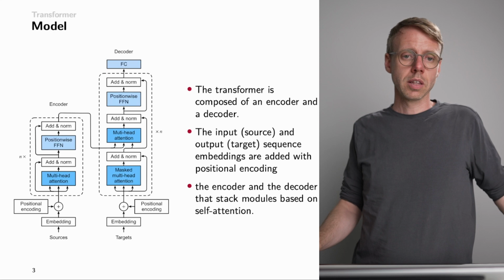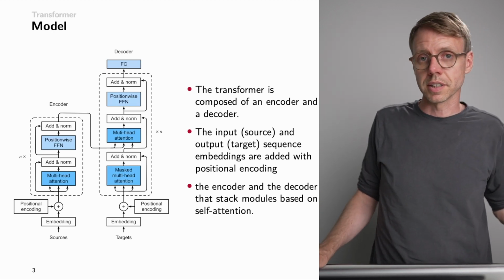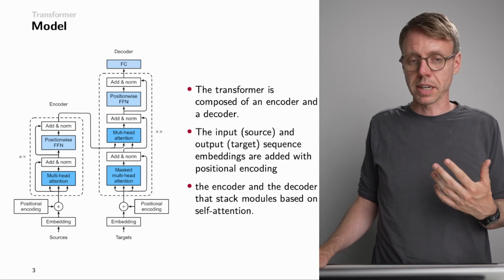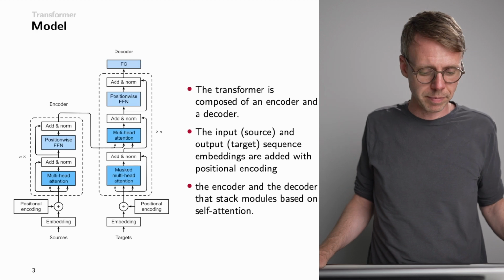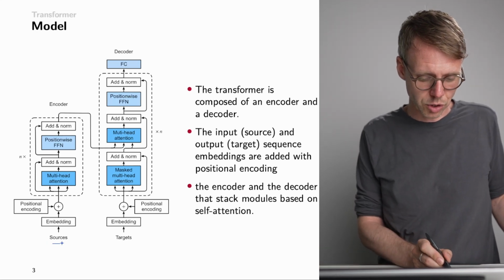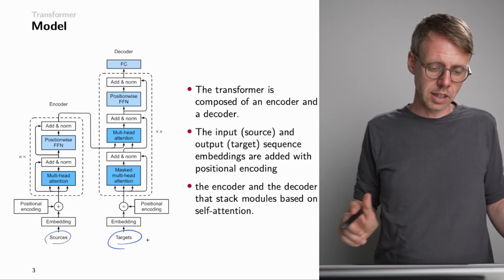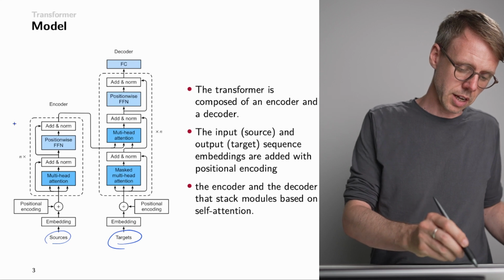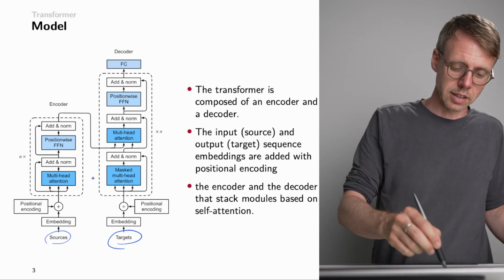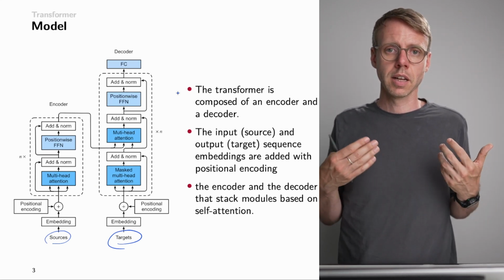Here we see the transformer model, the architecture that was proposed in a paper called Attention Is All You Need. It's a sequence-to-sequence architecture, so we have sources and targets. The sources are put into an encoder, and then the target sequence is created by a decoder.